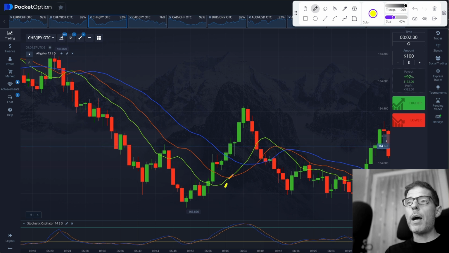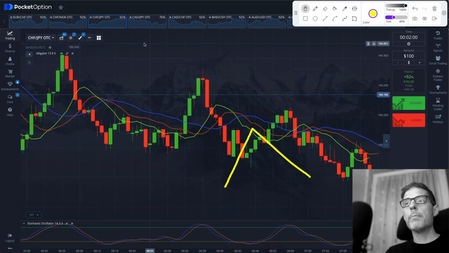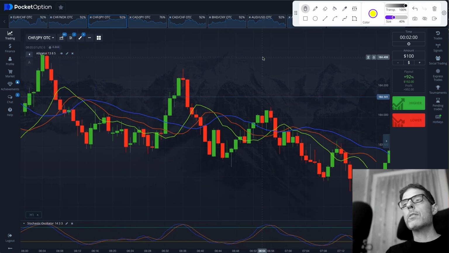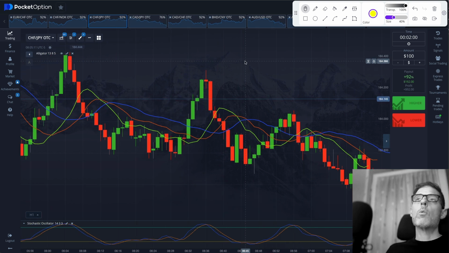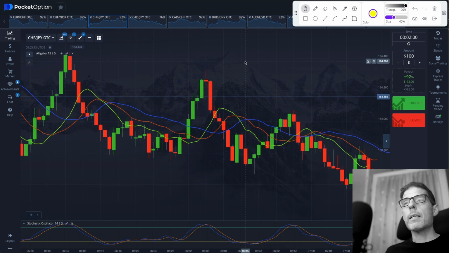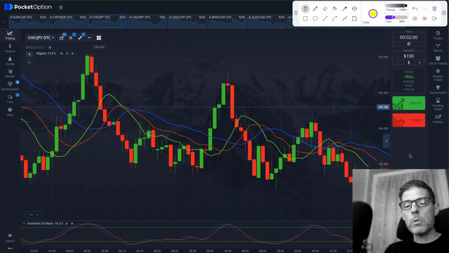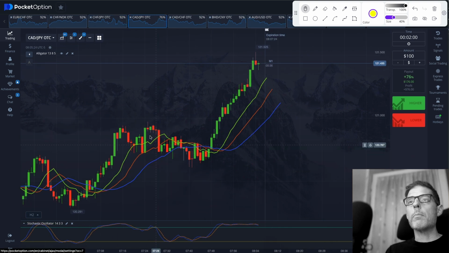So we could have the cross here going up, and then it just comes right back down and continues to the downside. Okay, so that's what these lines can be used for. You may not even need a simple or exponential moving average or anything like that. You can just use the alligator lines and look at them and see the direction that they're moving to determine what's the direction and what's the trend of the market.